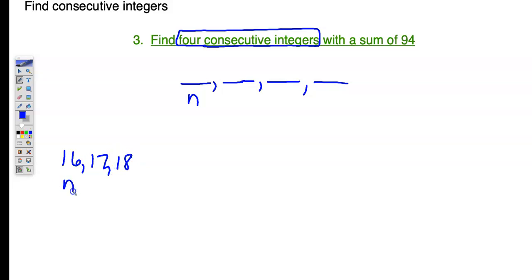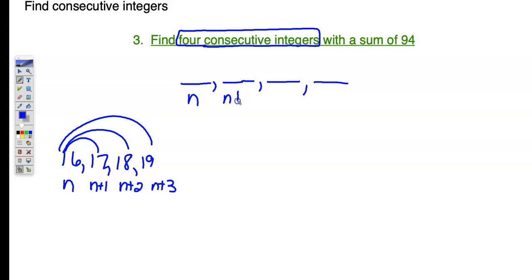This next one would be n plus 1. The third one would be n plus 2, and then as you can guess, the fourth one would be n plus 3. So we have n, n plus 1, n plus 2, n plus 3.